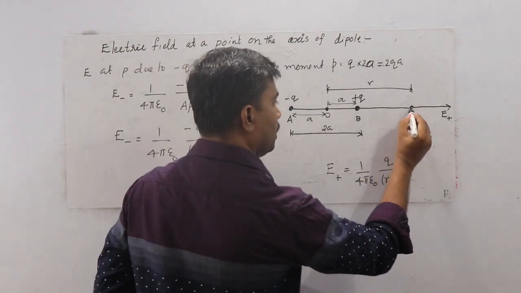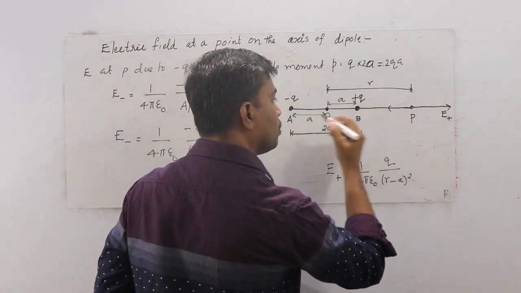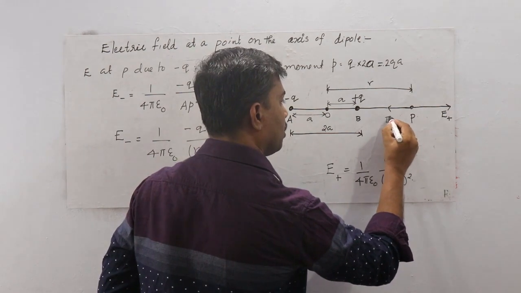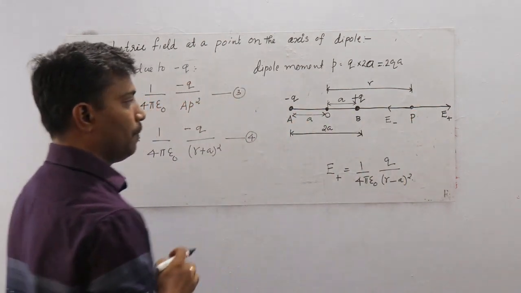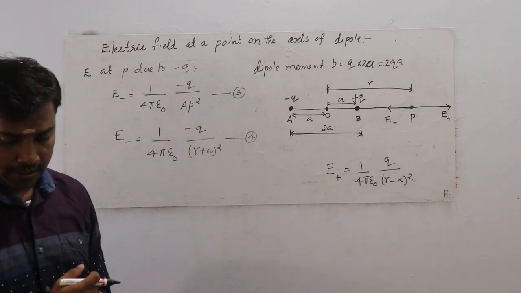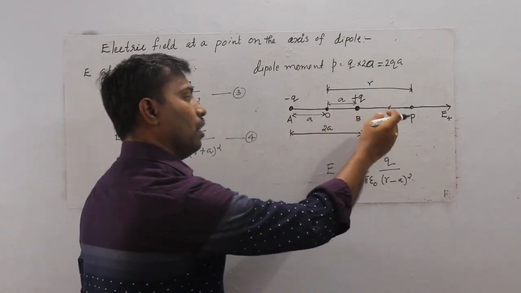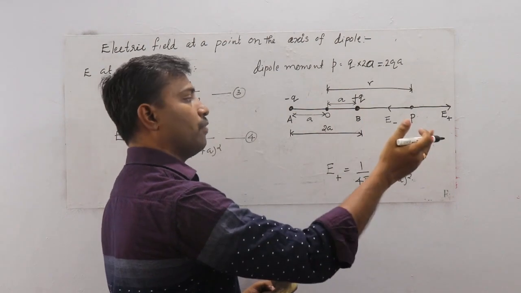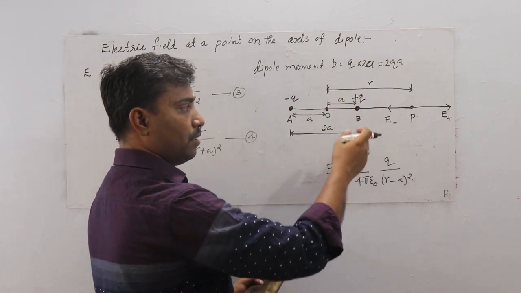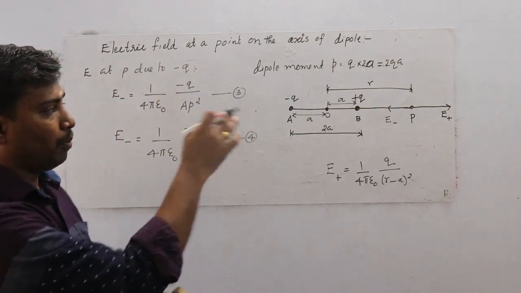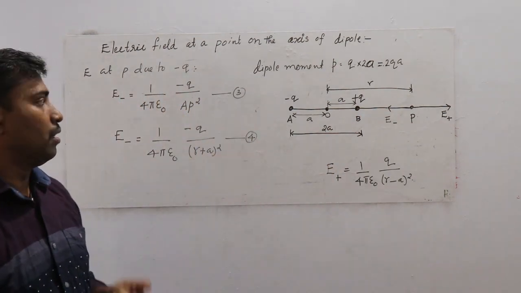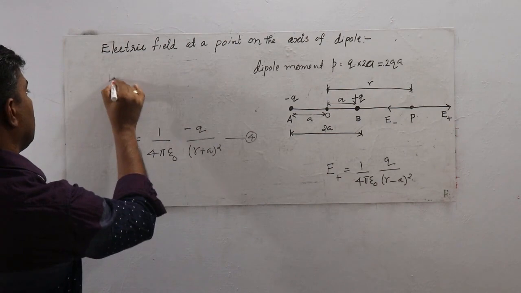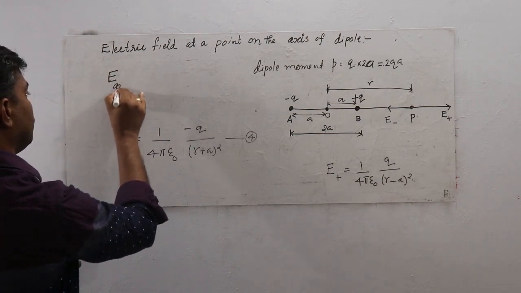The direction of the electric field E minus is towards the left from the point P. E plus is towards the right from the point P, and E minus is towards the left from the point P. So we have to find the total electric field at the point P. The total electric field is represented by E axial.